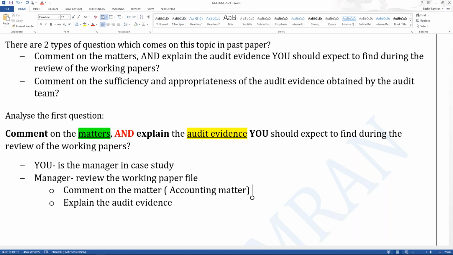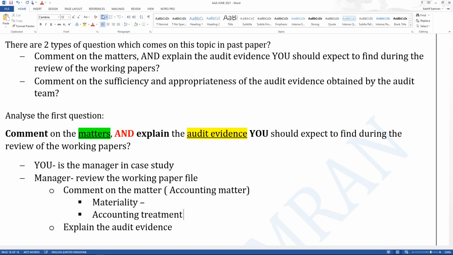The first comment you do is on the materiality of the accounting matter. The second comment is on the accounting treatment itself. And the third comment is the risk of material misstatement.